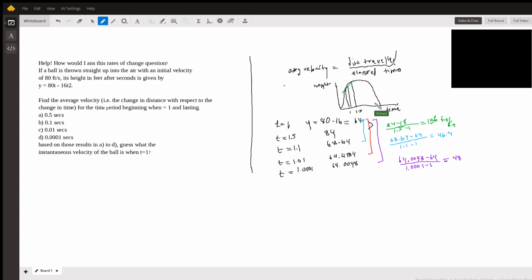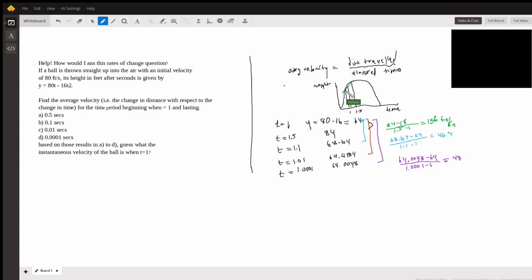You can imagine, since we're thinking about instantaneous speed, clearly at time 0, the ball's not traveled anywhere yet, so it doesn't have any speed or velocity at time 0. And then the ball's thrown, and you can imagine that the velocity here is going to be very high, but then the velocity is going to slow down, and eventually the ball's going to pass the vertex of the parabola, and then it's going to head back down, so the velocity is going to pick up again, but in the negative.